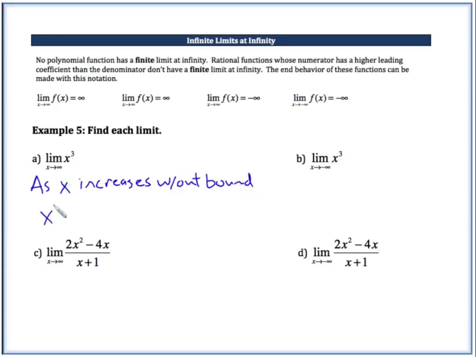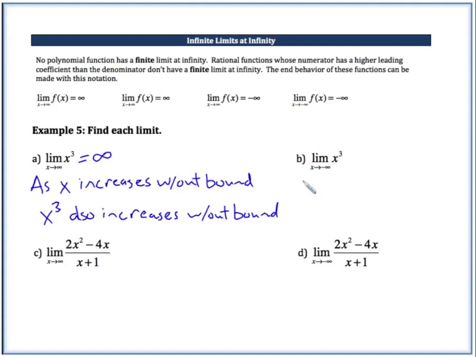Well, x cubed also increases without bound. And so when this is the case, we know that this limit we can write with the notation equals infinity.